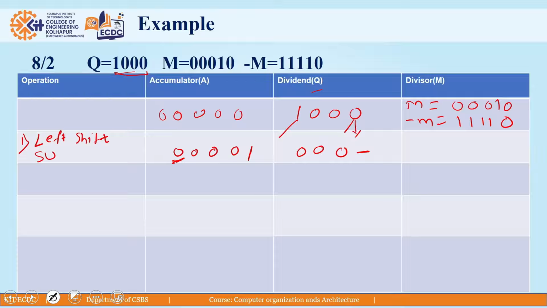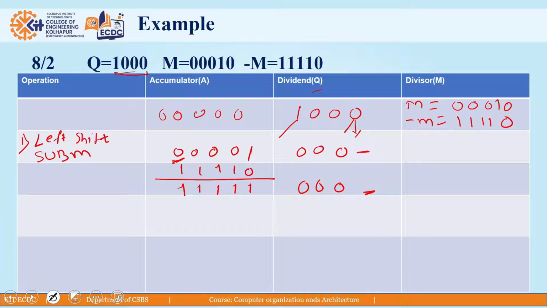Sub M means A minus M. The value of minus M here is 11110. Just do the simple addition here, 11111. Now the value of this accumulator is 11111.